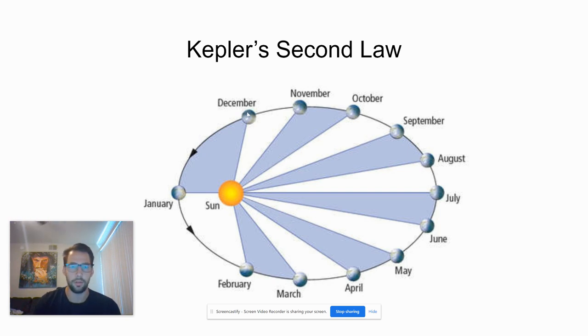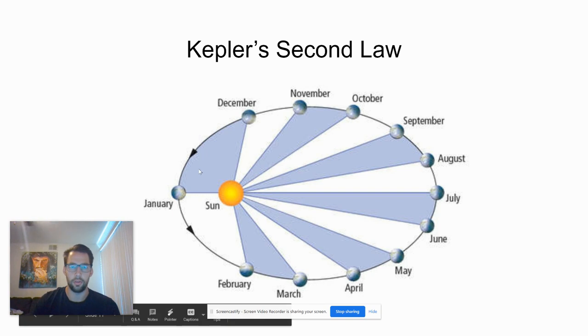Now, obviously, from December to January is traveling a greater distance, which means that if these are the same amount of time, but this is a greater distance, from December to January the Earth is going to be traveling the fastest. And from January to February, it's about the same distance, so about the same speed, but we can see that it's slowing down, right?